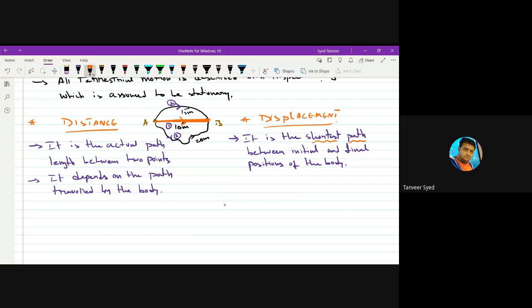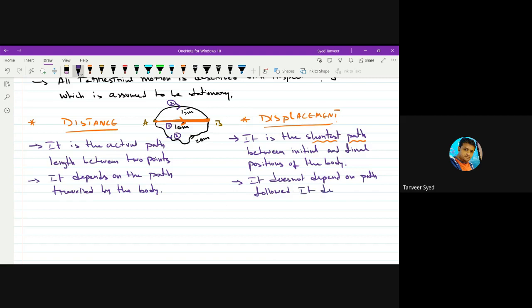Distance can be different, it depends on the path followed. Displacement does not depend on path followed. Then on what does it depend?